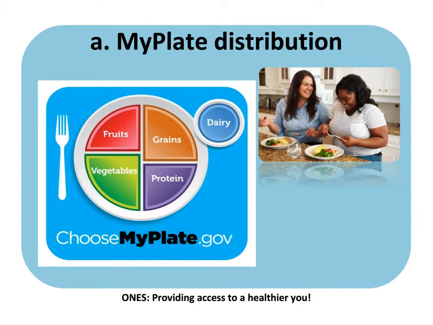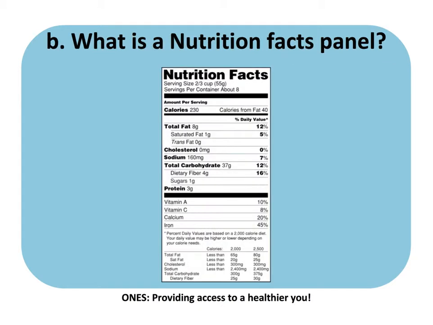So now that we know a little more about quantities and food groups distribution, let's move on to one important aspect to ensure the quality of your food: reading food labels. Food manufacturers are required by law to put nutrition facts on food labels.